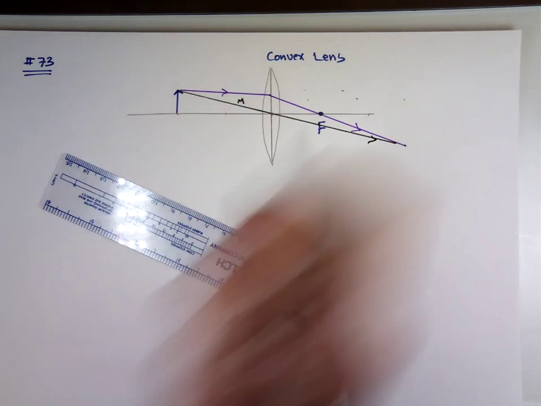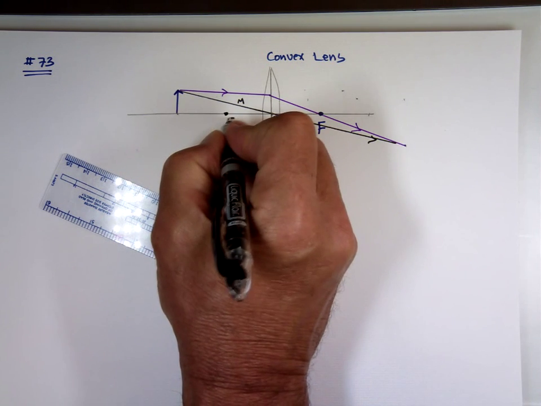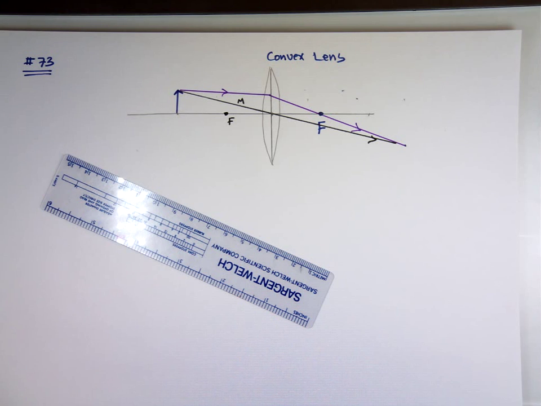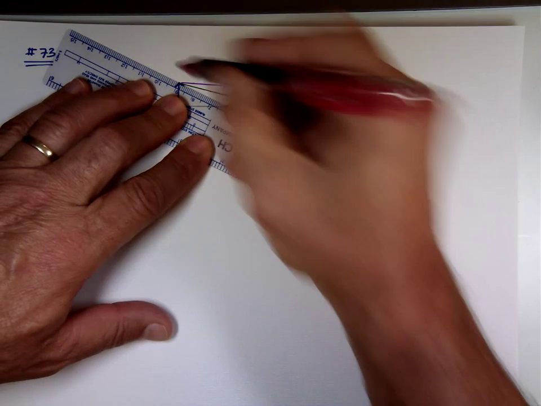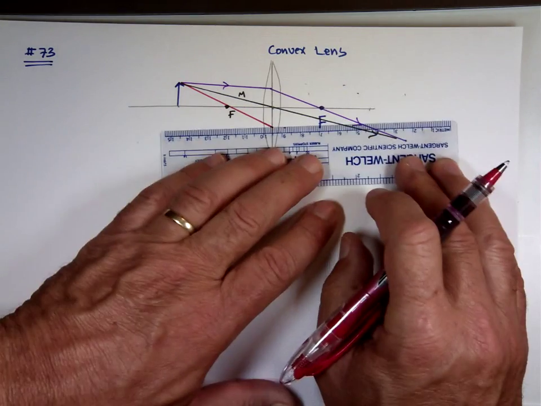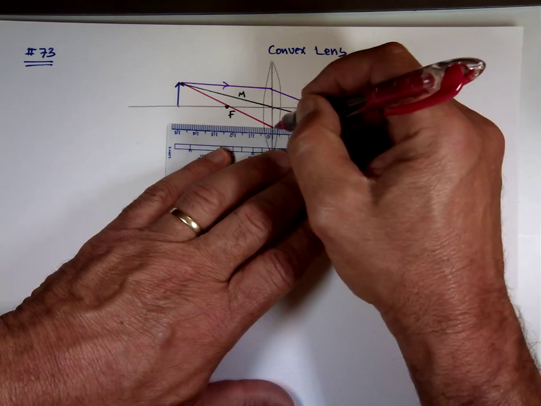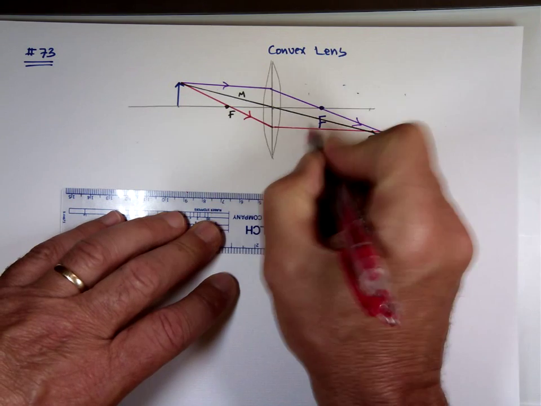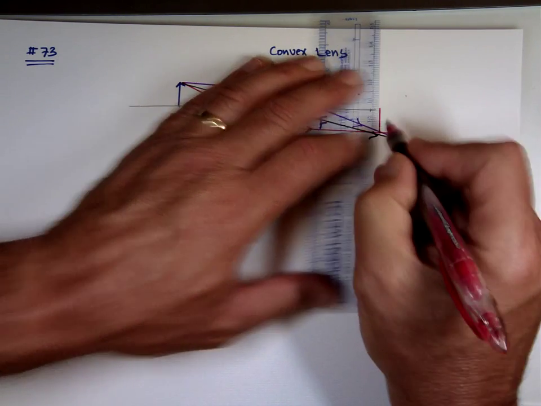And the third one is the focal one, the focal one going through the focal, and it comes out parallel. Where the three of them meet, somewhere here, is my image.